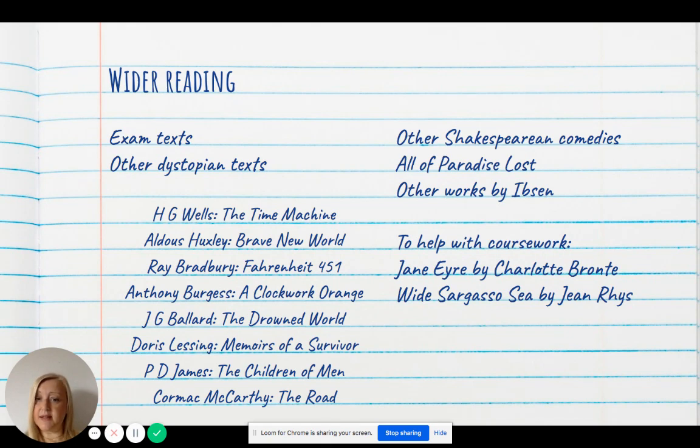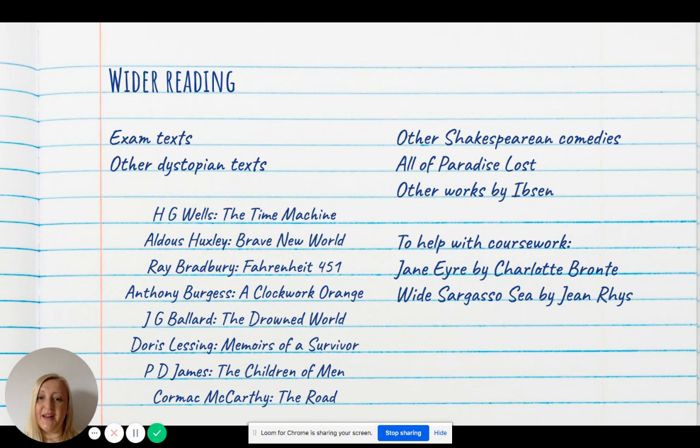There are a few others that you can access. I know that you can access A Clockwork Orange. There's a PDF online. If you are going to start with any of them, I'd say that the easiest ones to read, and I don't mean necessarily that they're dumbed down books by any stretch, these are all OCR A-level texts, but The Road is easy in that it's short and accessible, but it's pretty harrowing.